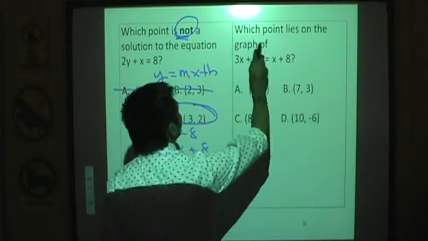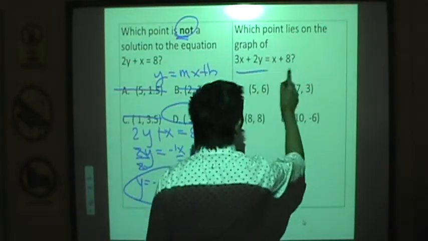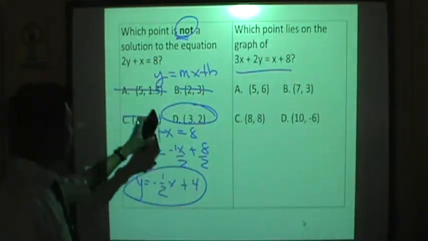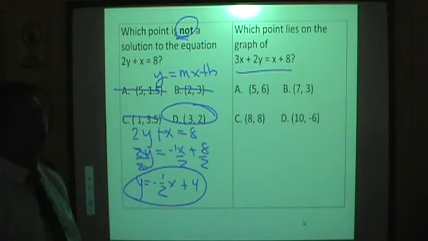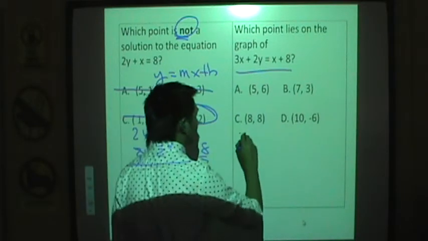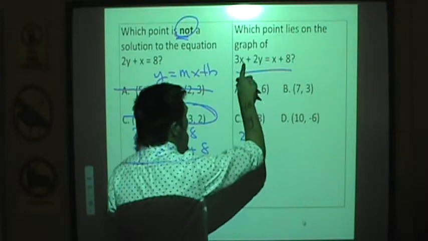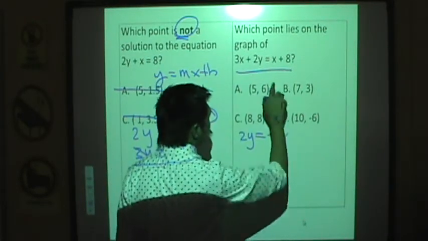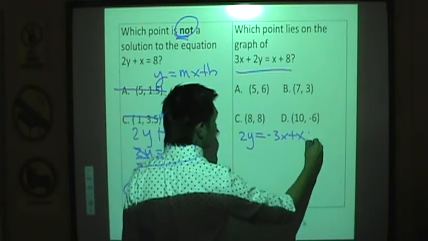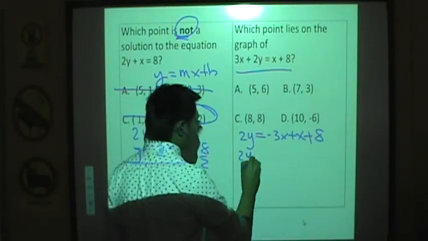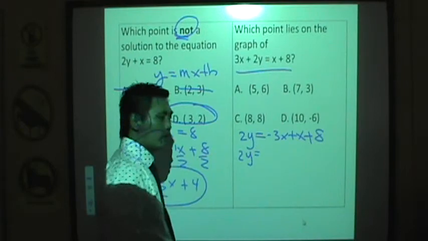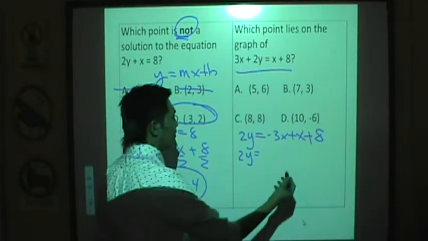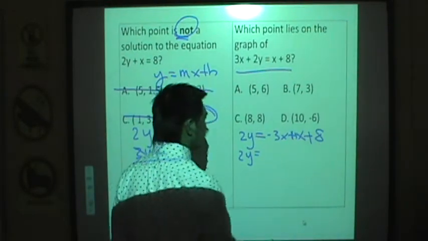Now, here, which point lies on the graph of this one? Again, we're going to apply the same thing here where we want to have y alone. So why don't we just go ahead and write 2y equals and get rid of that 3x, move it over, it becomes negative 3x, and we still have that plus x there, and then plus 8. Okay? But you have to remember that negative 3x plus x, and you have an invisible one there.